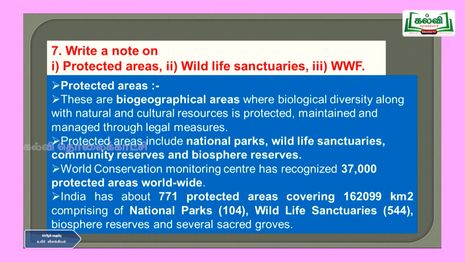The World Conservation Monitoring Centre has recognized 37,000 protected areas worldwide. India has about 771 protected areas covering about 1,62,099 square kilometers, comprising 104 national parks, 544 wildlife sanctuaries, biosphere reserves and several sacred groves.